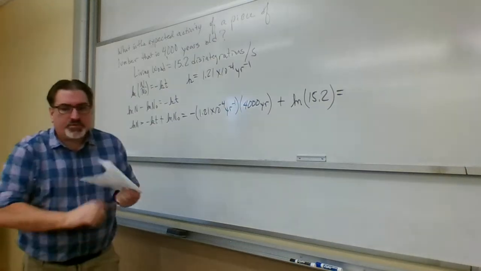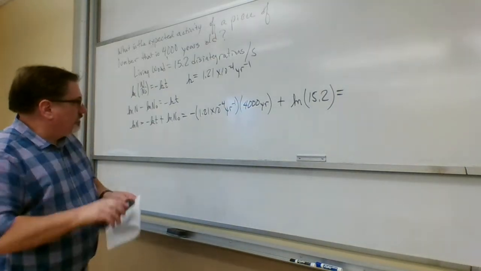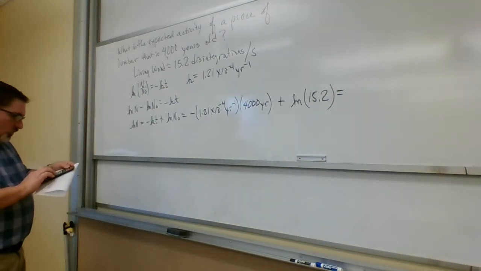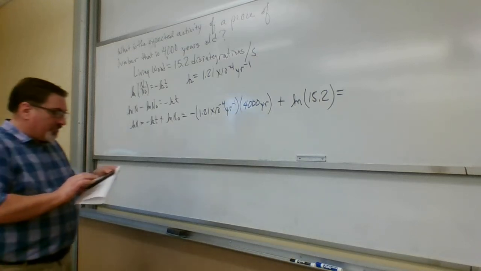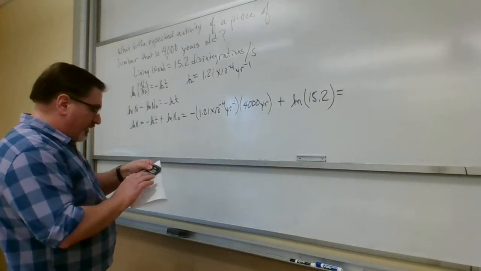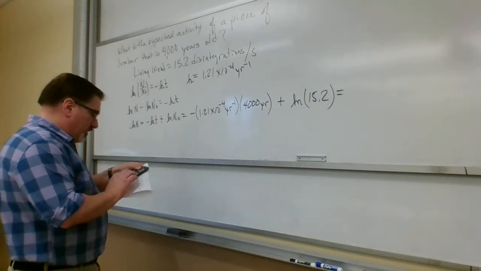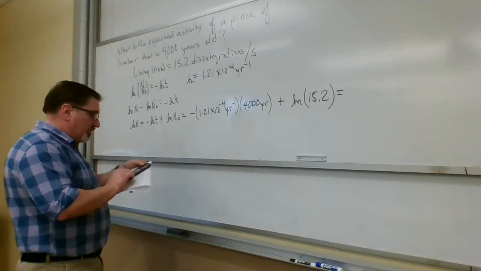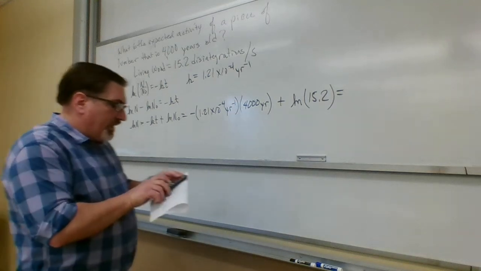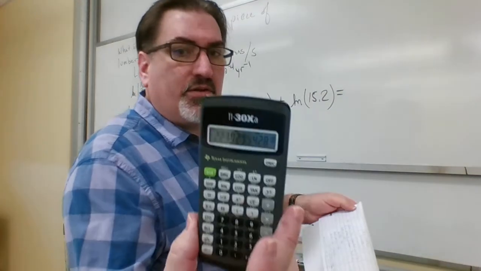So we type those through. 1.21 times 10 to the minus 4th, flip the overall sign on that. Minus 1.21 times 10 to the minus 4th times 4,000 plus 15.2 natural log equals, I get 2.237.